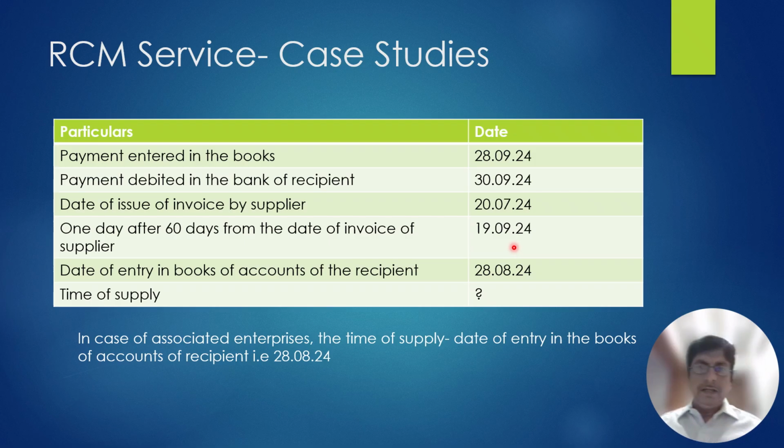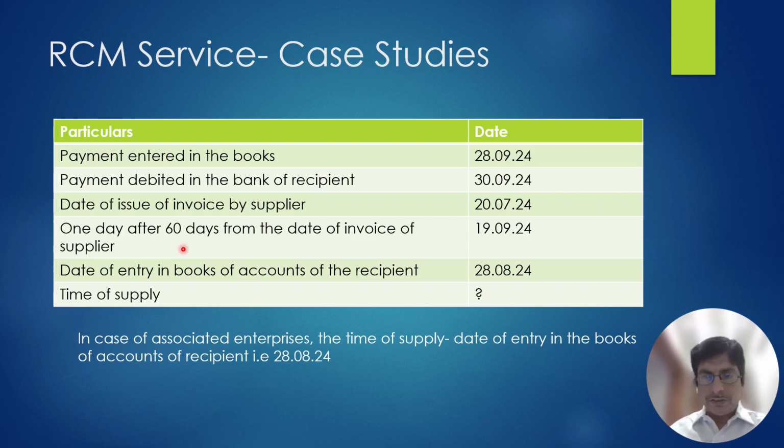So what is the time of supply in this case? See, what is provided in section 13 is that we need to consider two things. We will not consider directly the date of invoice by the supplier, which is 20 July. Rather, it gives 61 days.